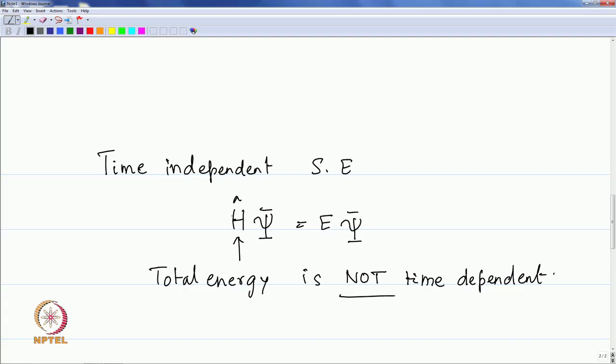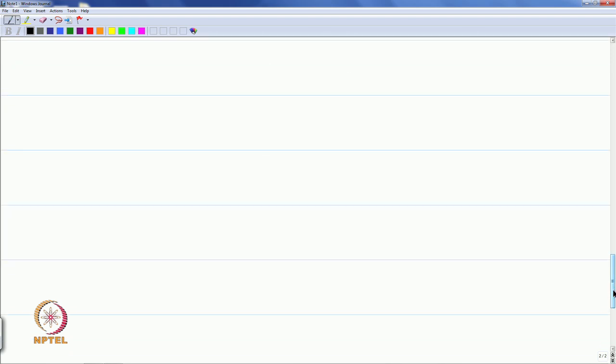But we will not consider those cases in this particular course of 8 weeks or 10 weeks. We would study only the time independent Schrödinger equation, and this would be done with simple model problems in the entire course.